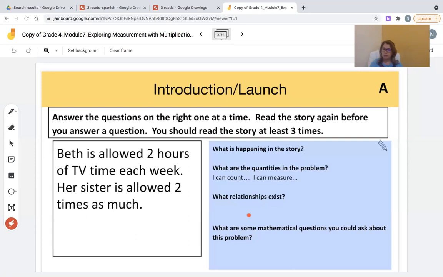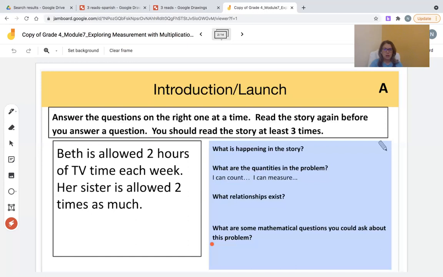Read 3. Beth is allowed 2 hours of TV each week. Her sister is allowed 2 times as much. What are some mathematical questions you could ask about this problem?